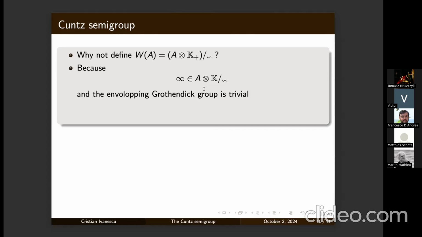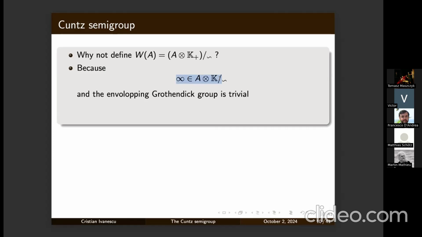So you get the equivalence class of infinity. Now, as we probably know from the construction of the K0, you have to take the enveloping Grothendieck group to get a group out of the semigroup. But now if you have infinity, then this enveloping group is going to be trivial. So if you still want to get a group, you essentially have to avoid having the infinity in the semigroup.